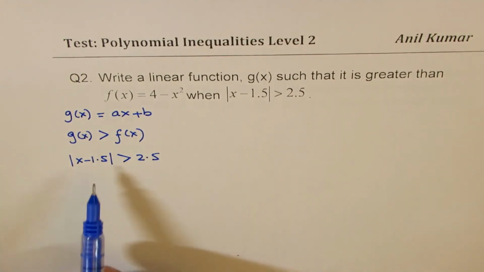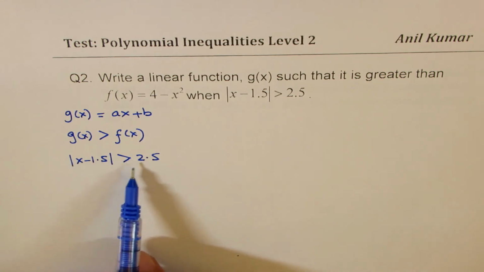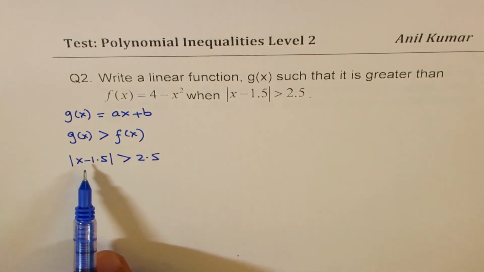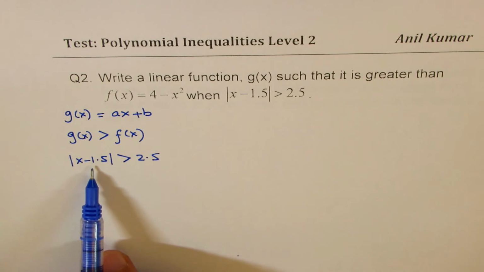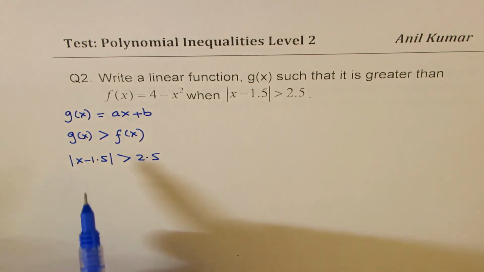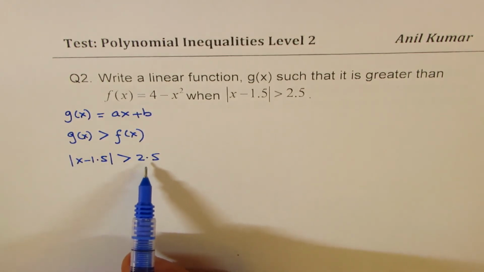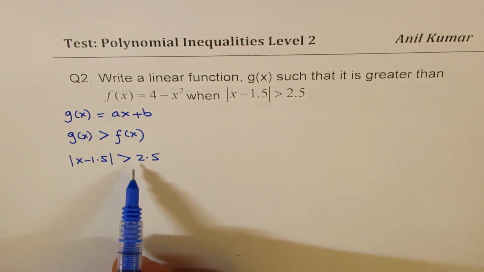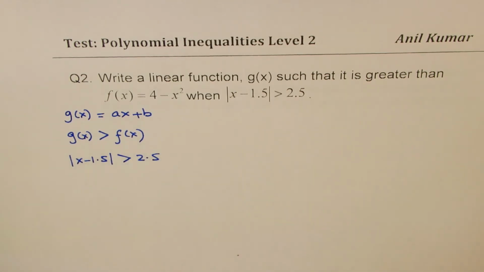So let us begin by solving the last inequality, which is the absolute value of x minus 1.5 is greater than 2.5, correct? So when we say the absolute value is greater than, this inequality really means what? Let's look into this.